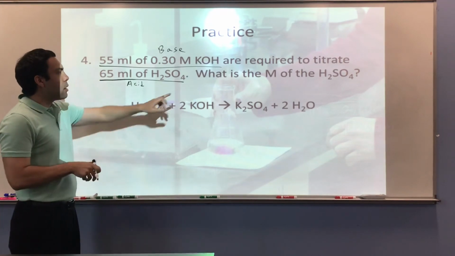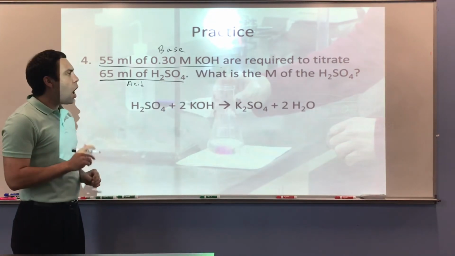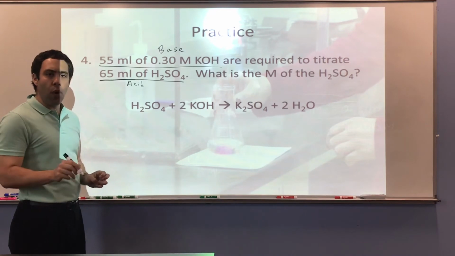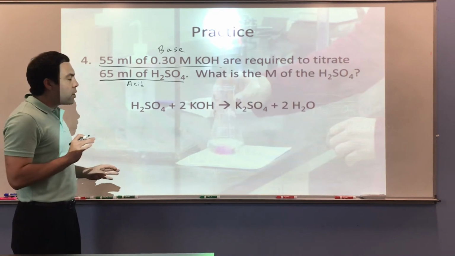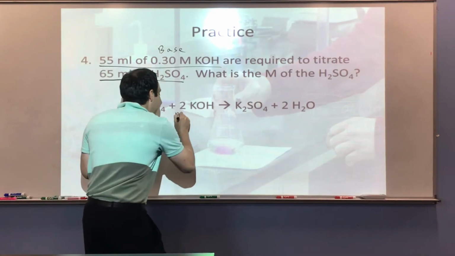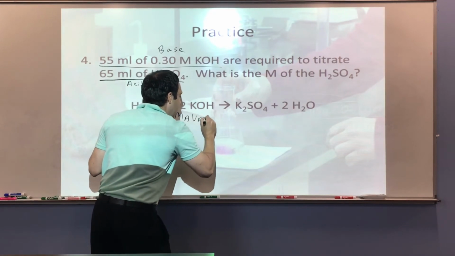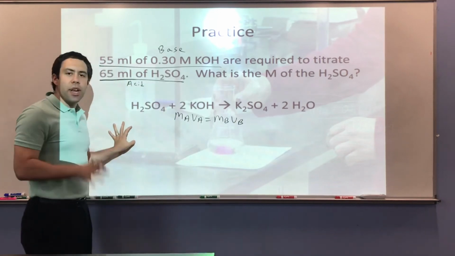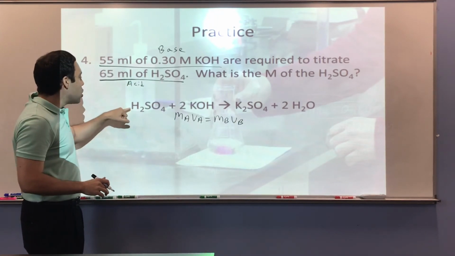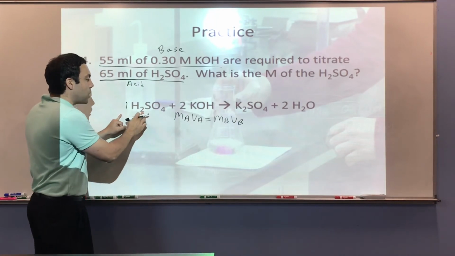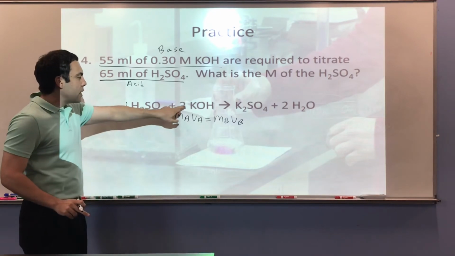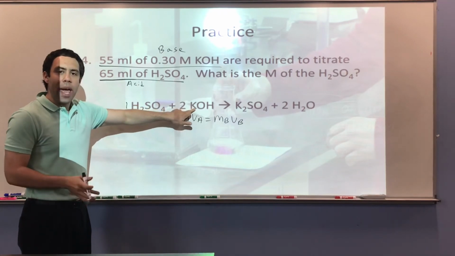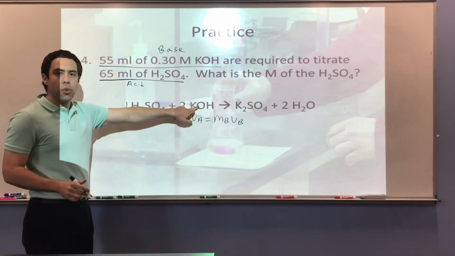What is the molarity, the concentration of the H2SO4? Now, when we write the equation MAVA equals MBVB, there's an added wrinkle to this equation. Notice, one H2SO4 is neutralized by 2 KOHs. It is a 1-to-2 ratio.